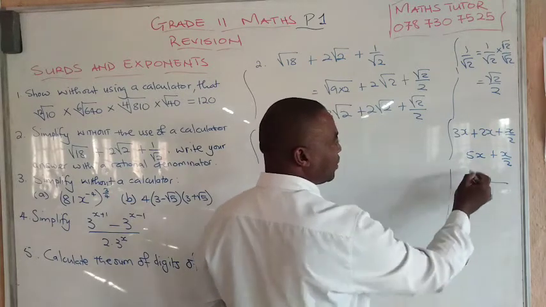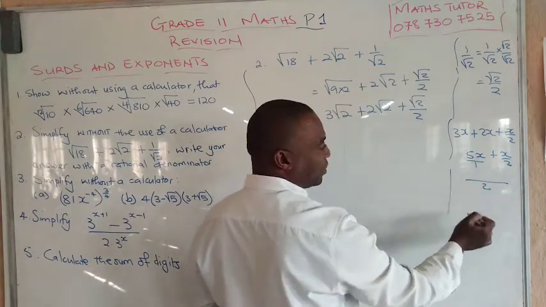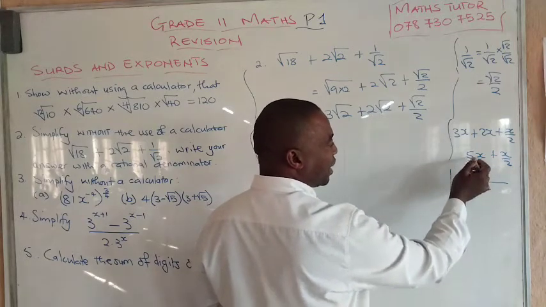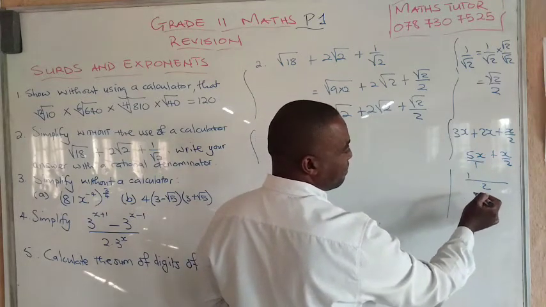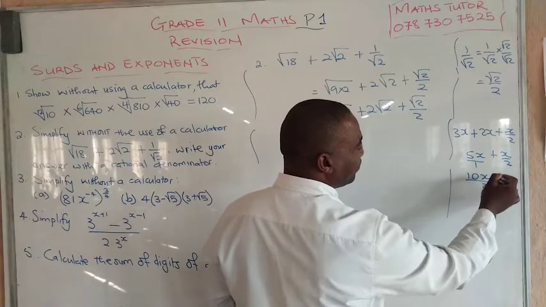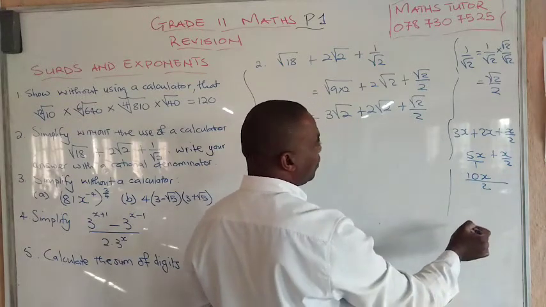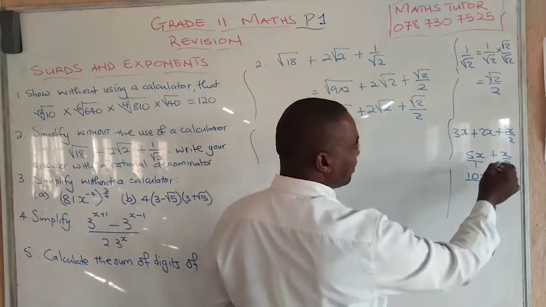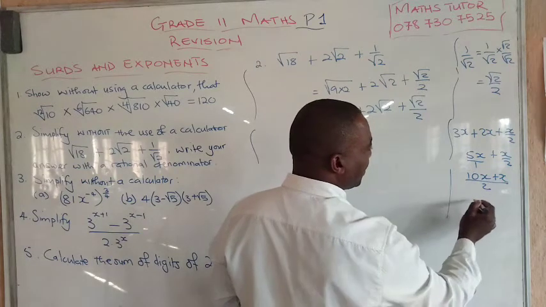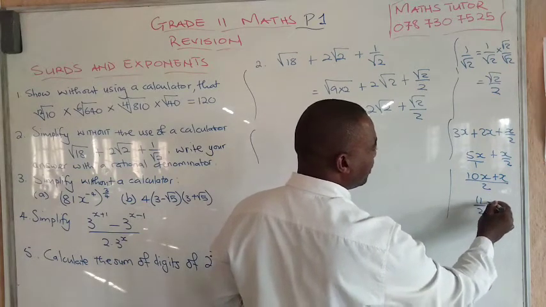Common denominator is 2. 1 into 2, that's 2 times 5x, that's 10x. 2 into 2, 1 times x, that is plus x. That will give us 11 over 2 x.